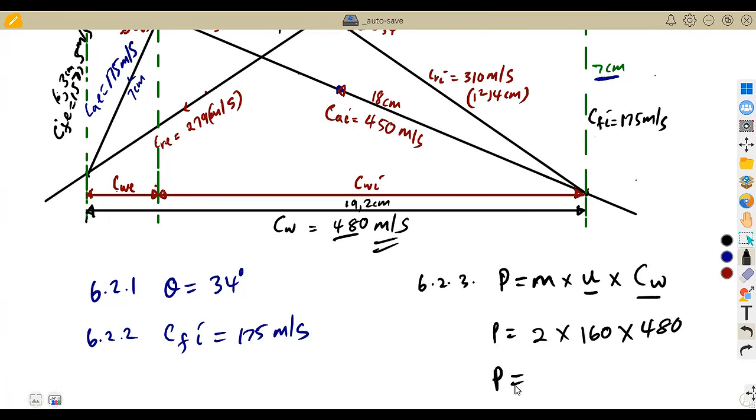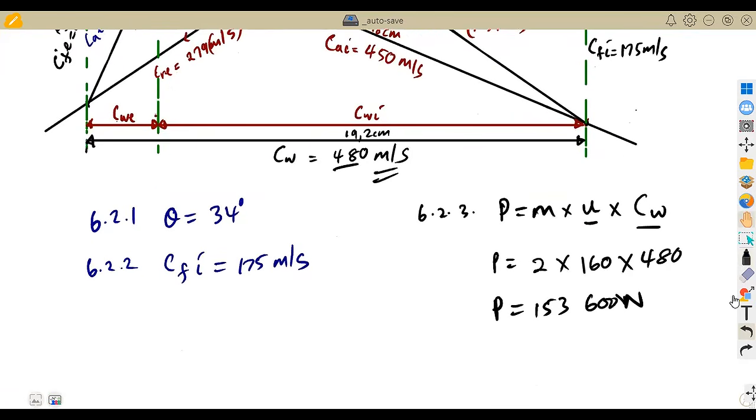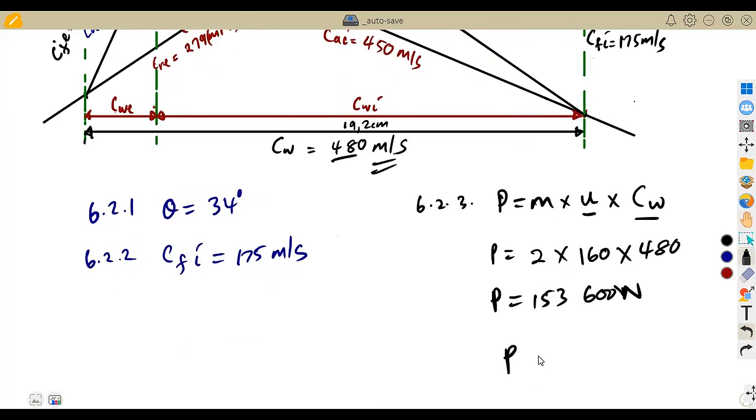So that is going to give us the power, which is 153,600 watts. But they said we are supposed to have this in kilowatts. So to convert this to kilowatts, we divide by 1,000, which gives 153.6 kilowatts in this case.